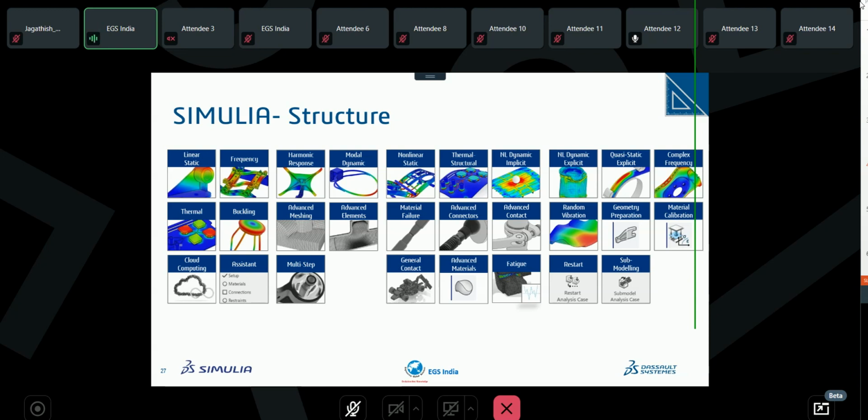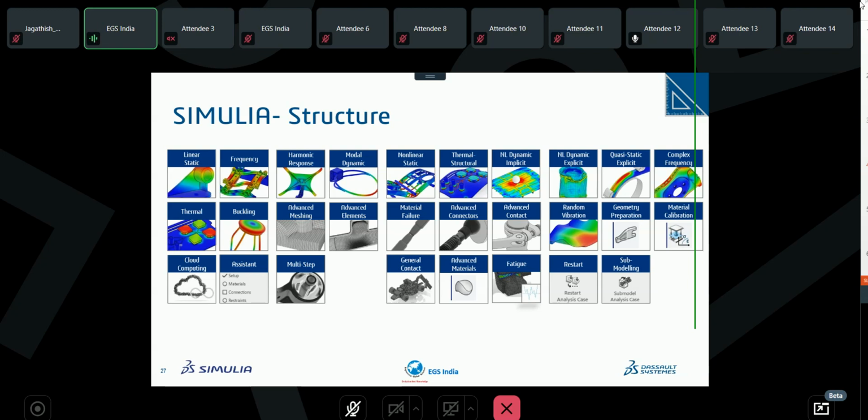Whereas in explicit analysis, all this kind of complexity comes into the picture. For example, it may be a geometrical deformation, or it may be due to the material behavior, with the entire complexity put into a single problem, like nonlinearity with geometry and nonlinearity with material.